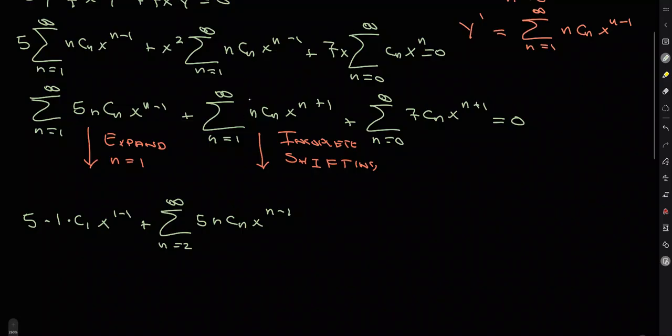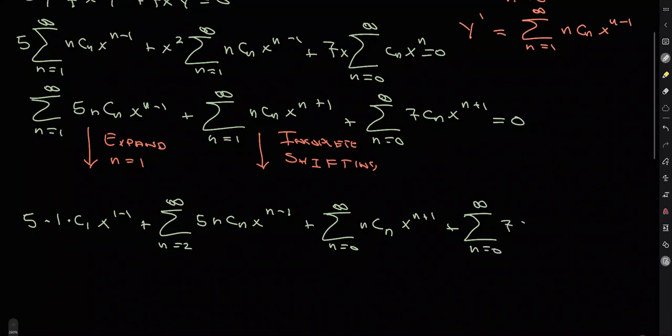So the second series in complete shifting, that is plus sigma n equals 0 to infinity of c sub n x to the n plus 1, plus sigma n equals 0 to infinity of 7 c sub n x to the n plus 1. And that equals 0.